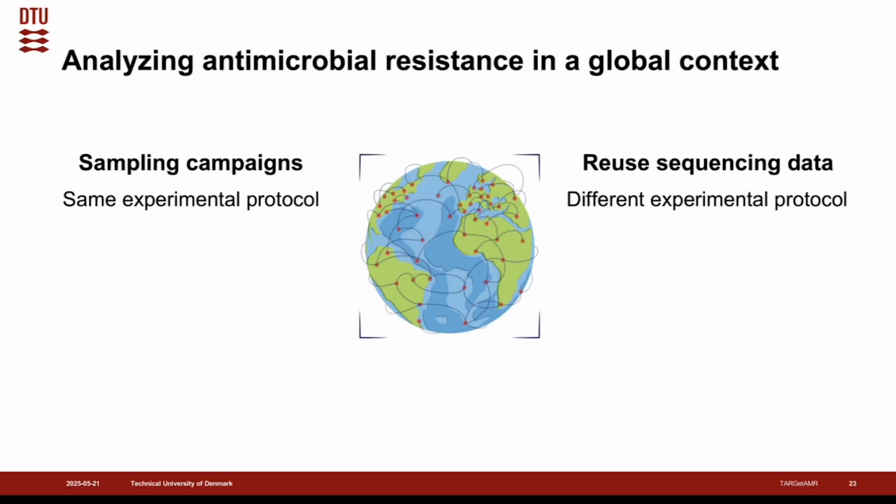Whereas if I'm just downloading what everyone else has done, I have no idea how the samples were actually handled. We also know where the samples are from. There's targeted coverage: we have collaborators who actually went and took the sewage samples. Whereas if we're reusing data, we might get samples from all over the world, but from very different, random environments.